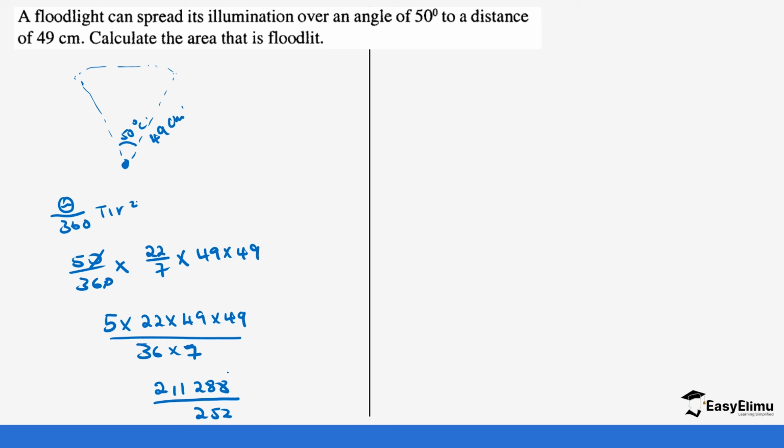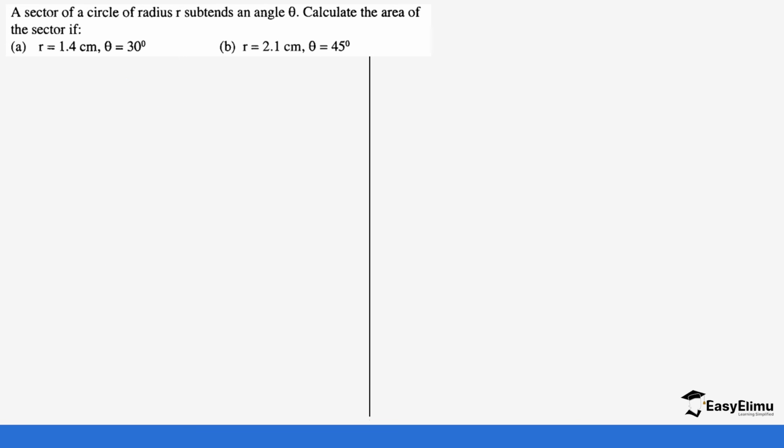So 211,288 divided by 252 will give us 838.44, and this is going to be centimeters squared. So you do one last question, and then this is going to end the session for us.